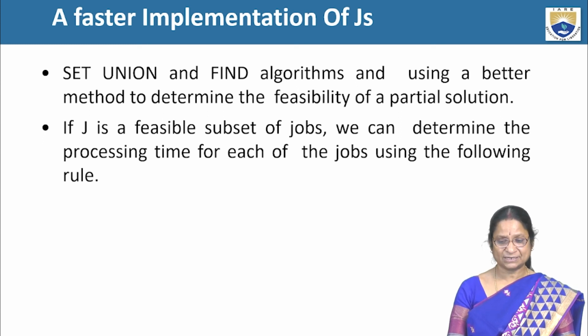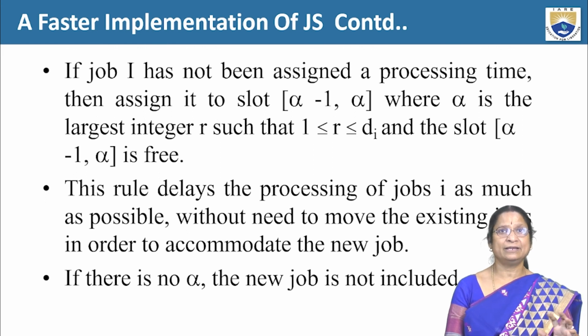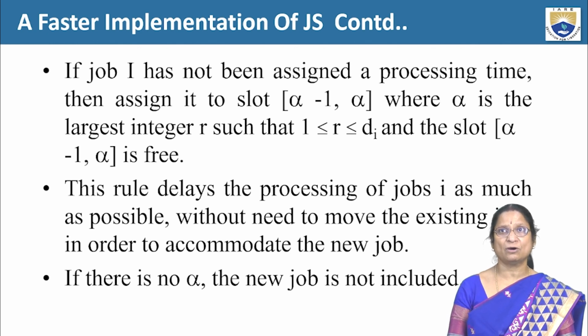If J is a feasible subset of jobs, we can determine the processing time for each of the jobs using the following rule. What is that rule? If a job has no specified delay, we have to assign a deadline or processing time to that job in the slot alpha minus 1 comma alpha, where alpha is the largest integer r such that r lies between 1 and the delay of the ith job.